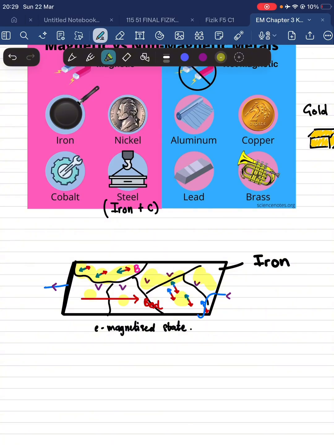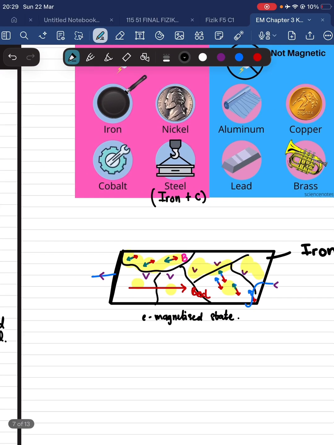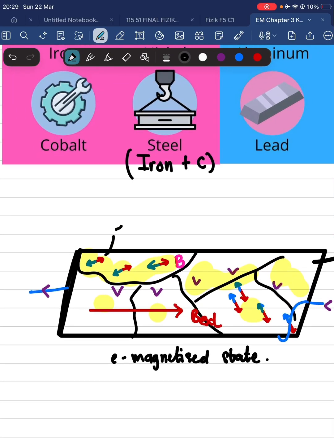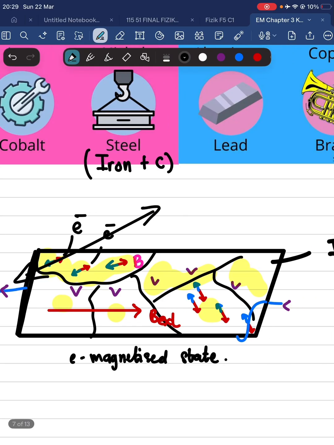Each domain has the tiniest magnets, which are the electrons. You see here I just label this as a line; this is actually an electron. And the electrons have their own orientation in the domain. Let's say the orientation is in this direction, and for this electron it is in this direction. In the same domain they have similar directions, but per different domain the direction is different, as indicated here, right? I hope it's understandable.